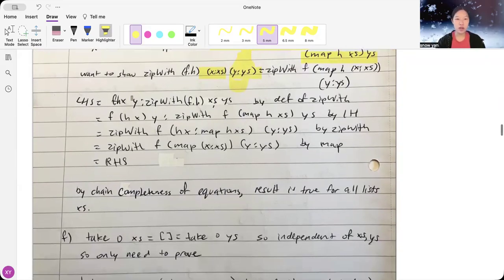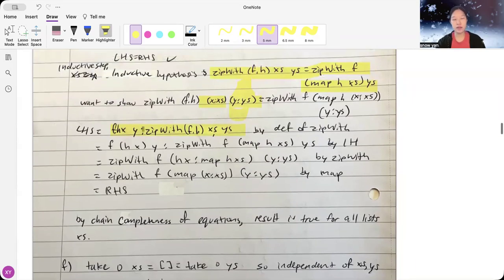But I do need to keep it so that I can extract one element out. So it would be f of h of x, y, and then cons zipWith f of h of x's, y's. This is by definition of zipWith: I just move the first element out and zip it together.